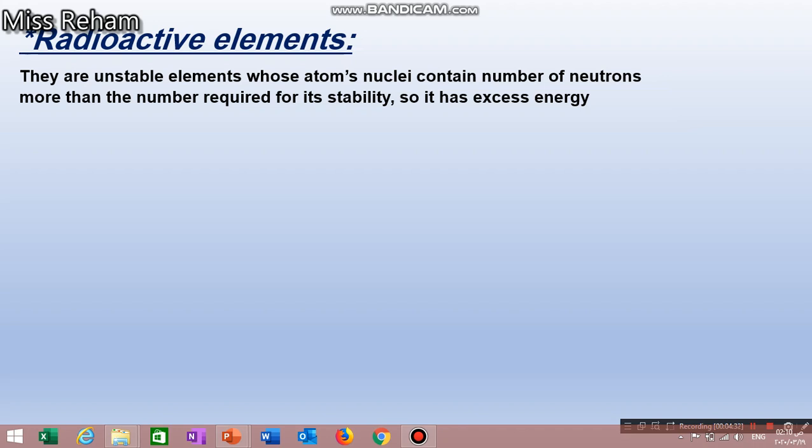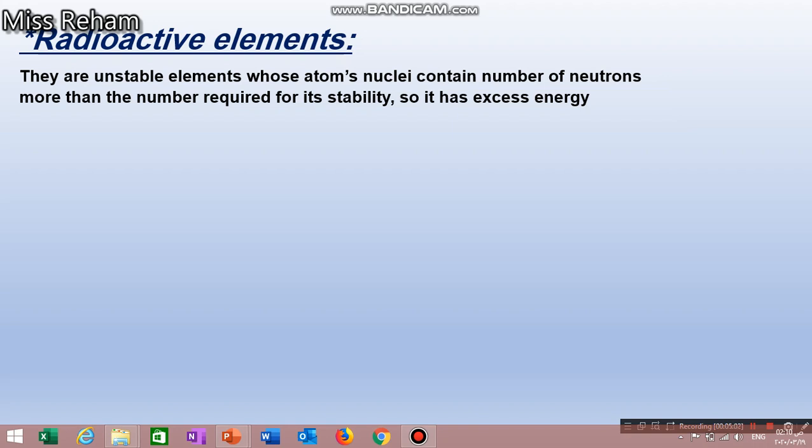Henri Becquerel is a French scientist that discovered invisible rays, meaning unseen rays, from uranium elements. Uranium is an example of radioactive elements.